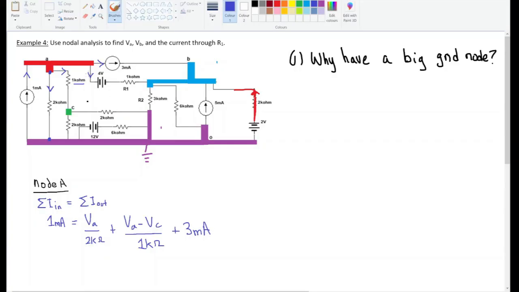And then this one over here is a little bit more interesting because it has to go from node A, then it has to go through a battery, but it's going through the opposite direction of a battery. That's important because if you're going through a battery, right? Like let's say you have a battery like this and you're going through it the right way from the negative side to the positive side, then you gain energy, right?